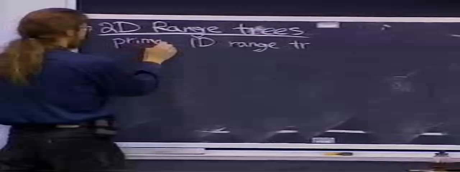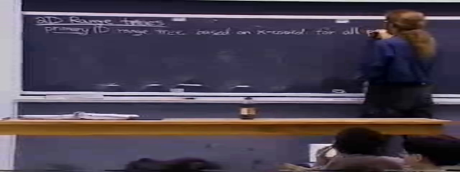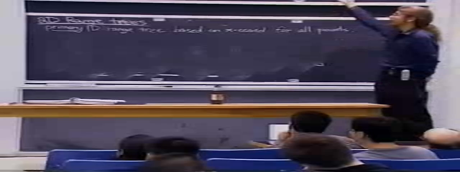I'll call this the primary range tree. So this is just saying I'm going to take exactly what I had before. I know how to do a one-dimensional range tree in terms of the x-coordinate. I'll do that for all the points in my point set. My point set has x and y coordinates, I'll forget about the y coordinates for now. Build exactly the structure.